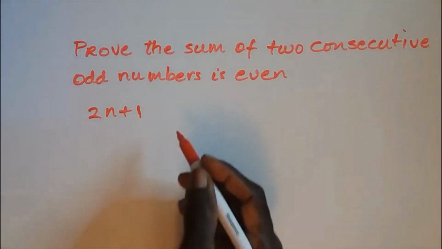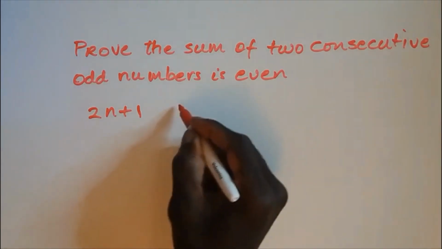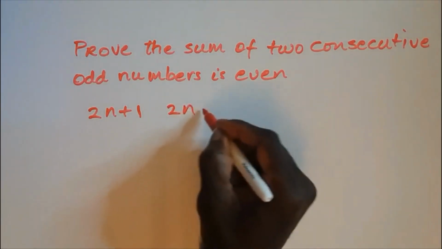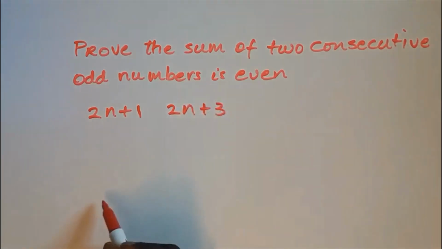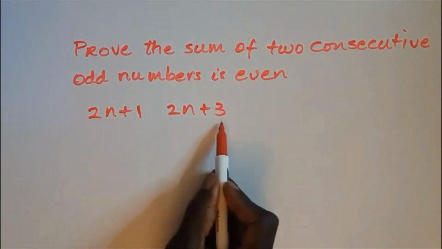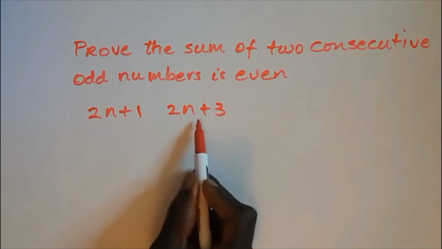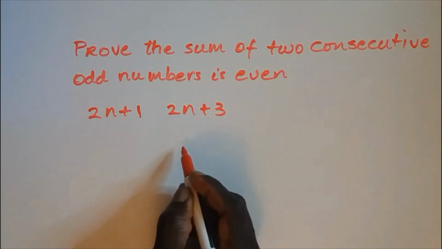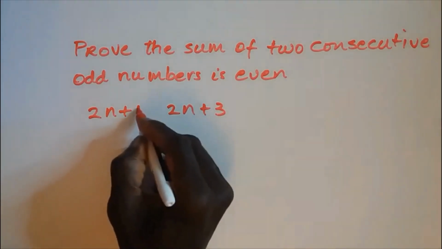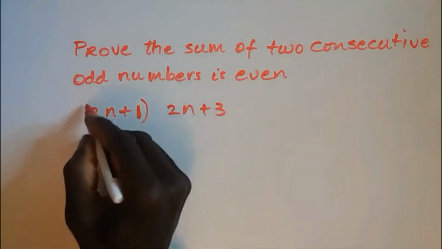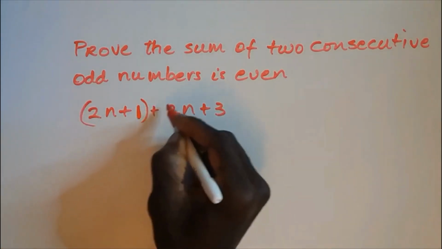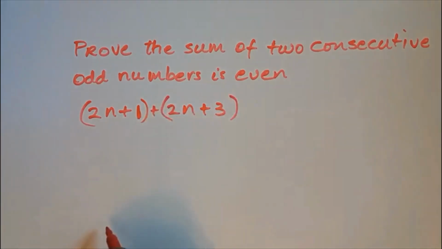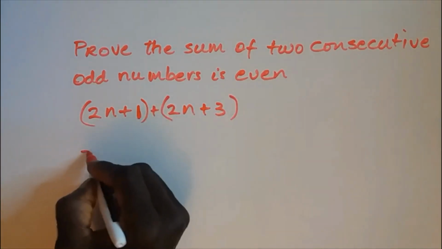And if we use the next odd number to be 2n add 3, this will be equivalent to 3 if n is equal to 0. So these are two consecutive odd numbers, or they represent that, and we'll sum these, and this is what we have.